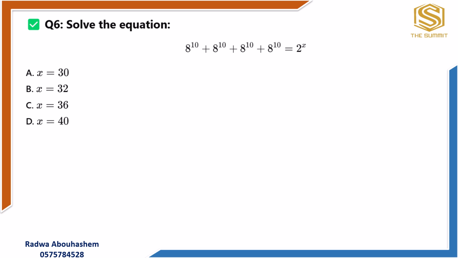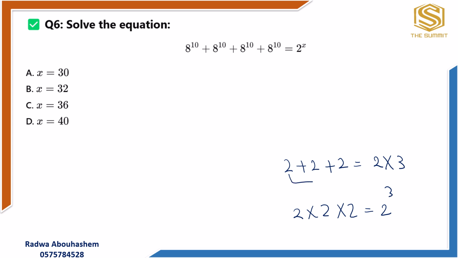8 to the power 10 plus 8 to the power 10 plus 8 to the power 10 plus 8 to the power 10. This is a very good question, and this is regarding the basics. Let me explain something to you here. If I say 2 plus 2 plus 2, this means it's 2 times 3, right? But if I say 2 times 2 times 2, this means it's 2 to the power 3.